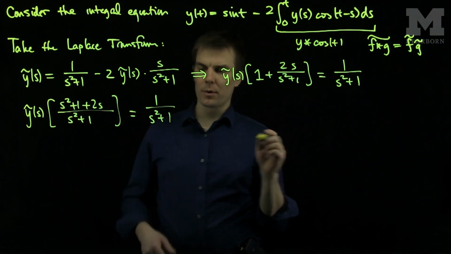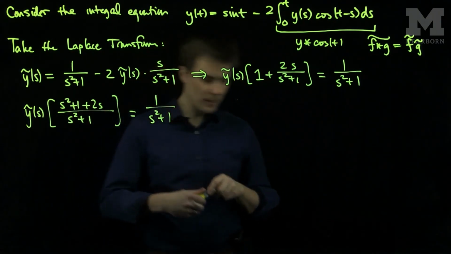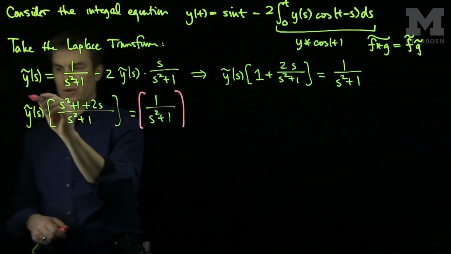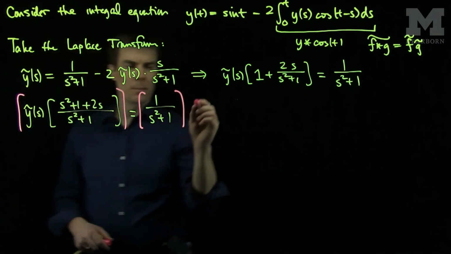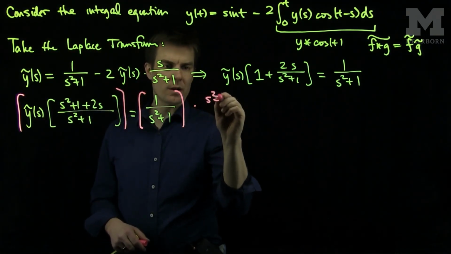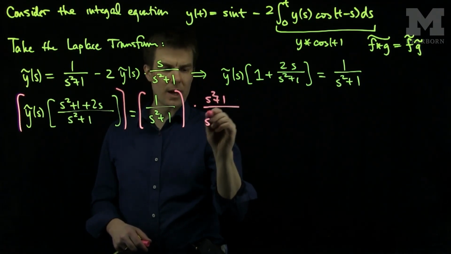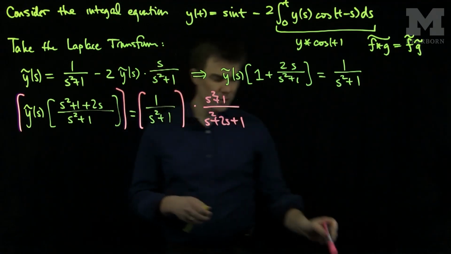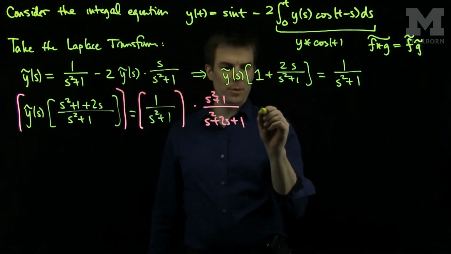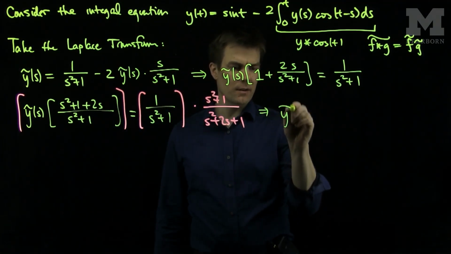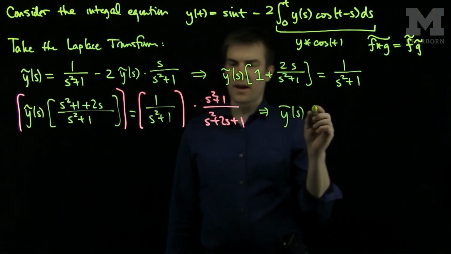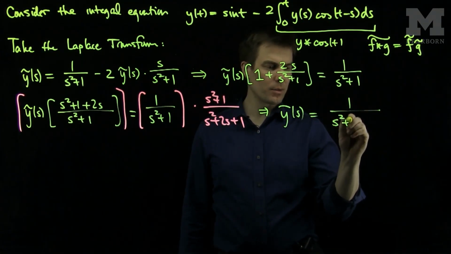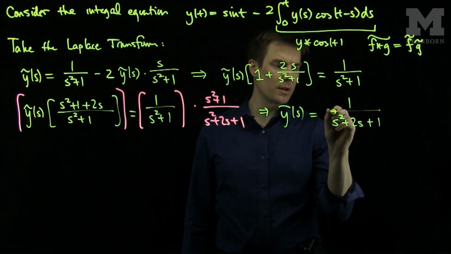Taking the reciprocal of both sides, we're going to multiply both sides of the equation by the quantity s squared plus 1 over s squared plus 2s plus 1. And if we do that, the left-hand side is going to simplify to just y tilde of s. And the right-hand side will simplify to 1 over s squared plus 2s plus 1.